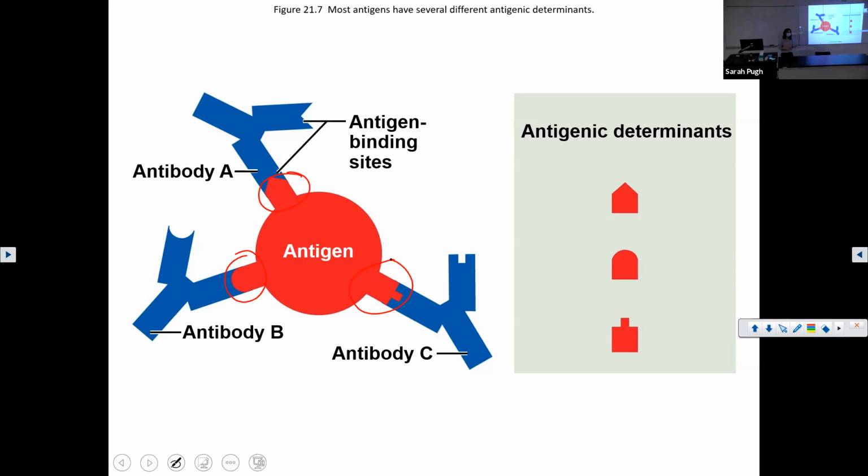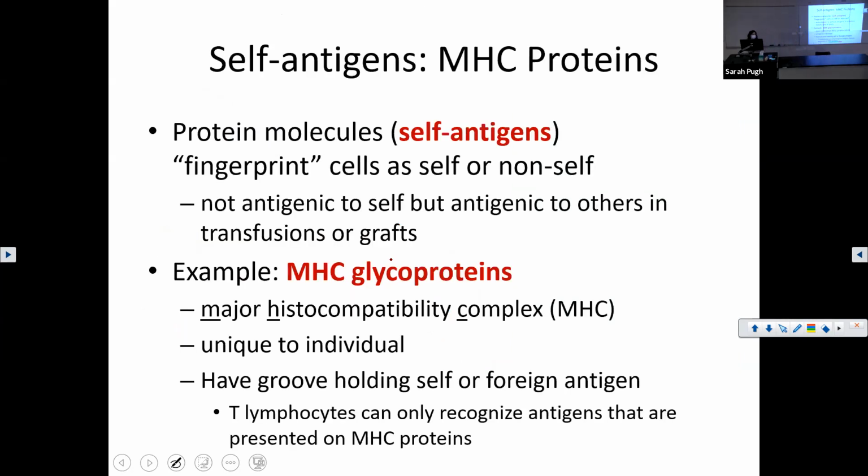So what that means is that you might have three different B cells that activate to this and make three different antibodies. You have an antibody that's shaped like this that can bind to it. You have a completely different antibody shaped like this determinant that can bind, and another one shaped like this that can bind. So you have multiple antibodies now that can bind to this exact same foreign antigen. Okay? That's what antigenic determinant means.